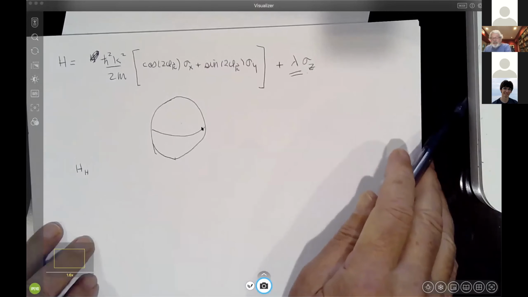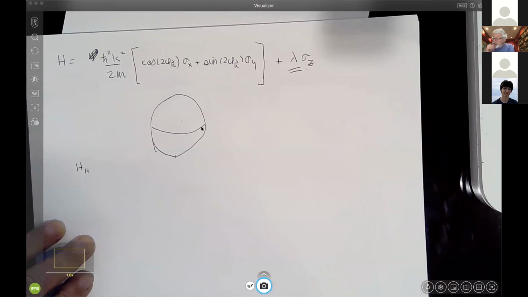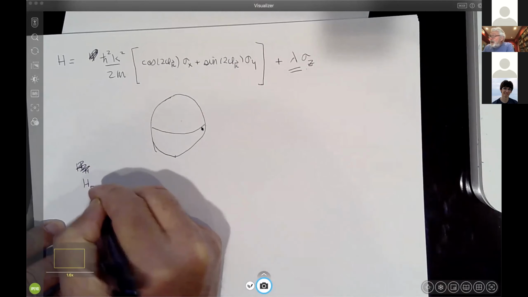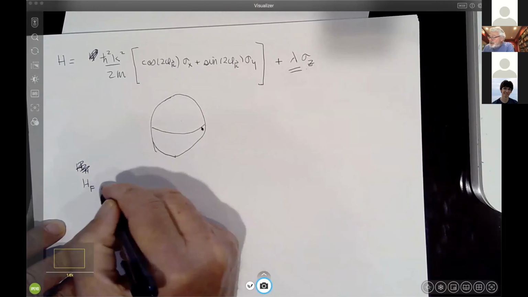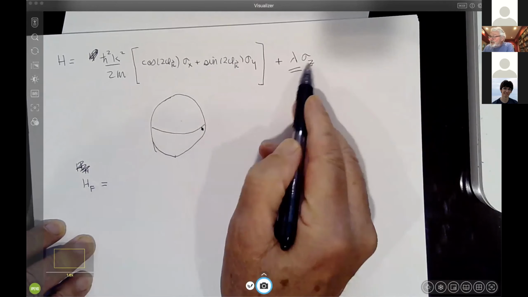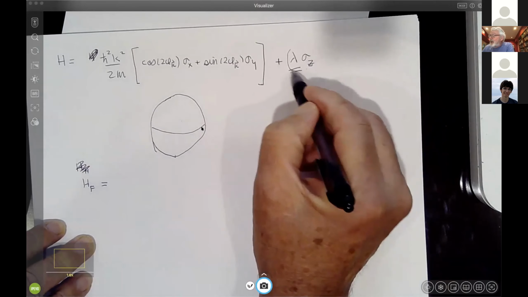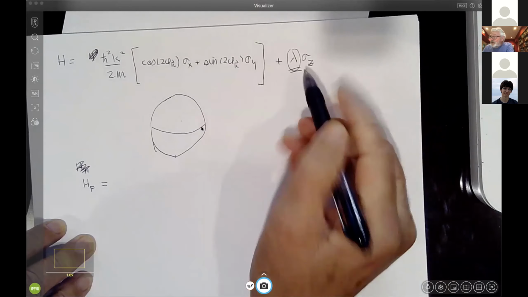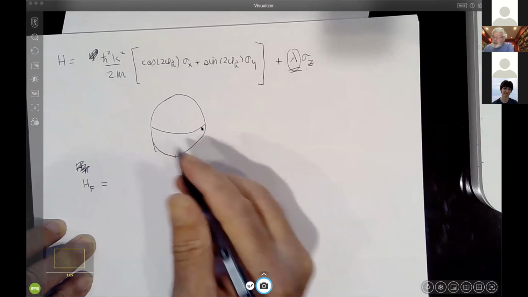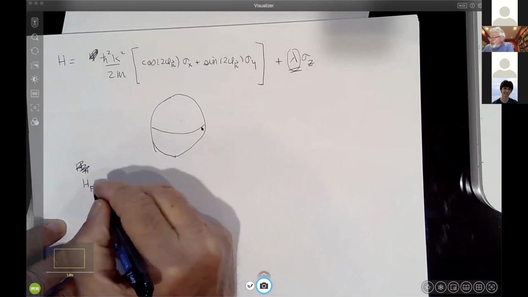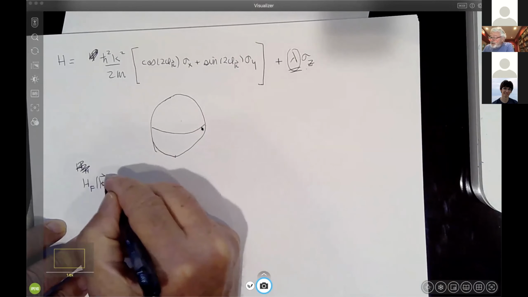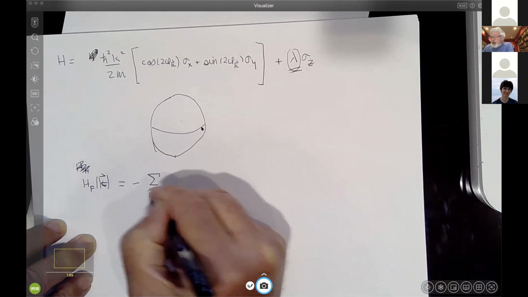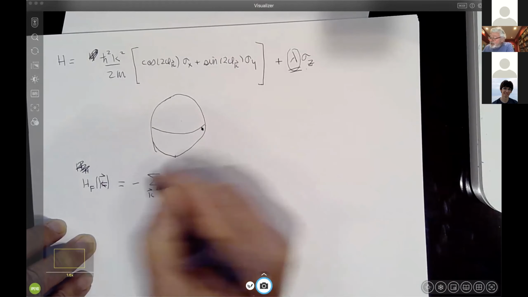So you could do a mean field theory, and you can ask yourself whether you can get a self-consistent state which spontaneously breaks layer polarization and generates a self-energy proportional to sigma z. And for that, we can write down the Hartree-Fock Hamiltonian for this system in terms of interactions between different momentum states.